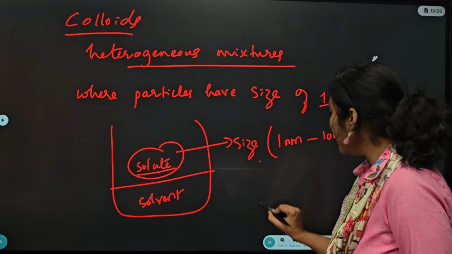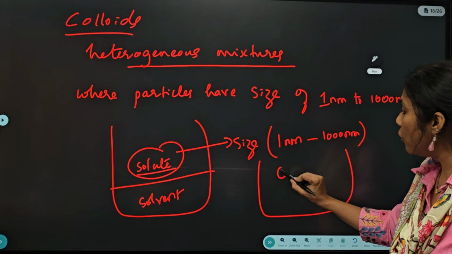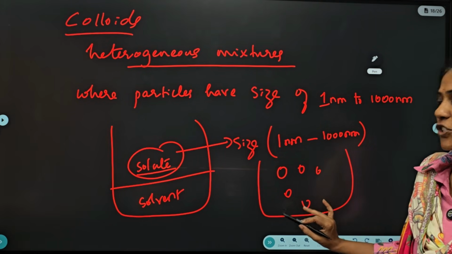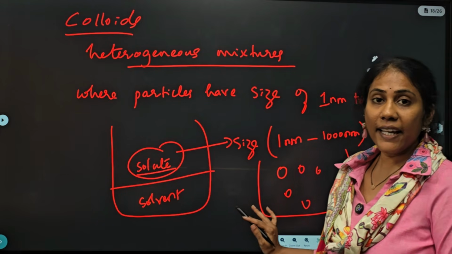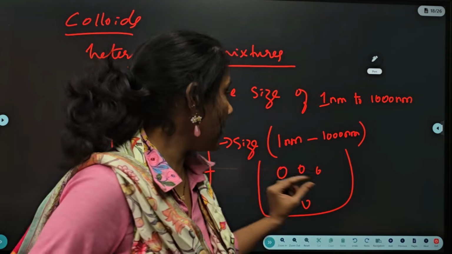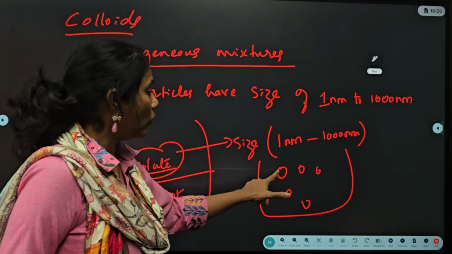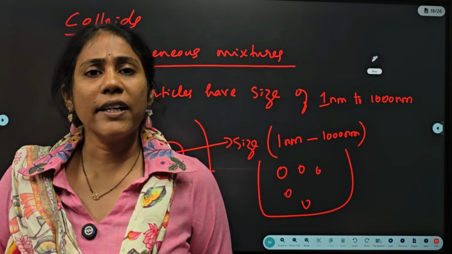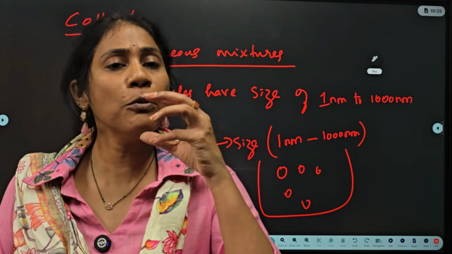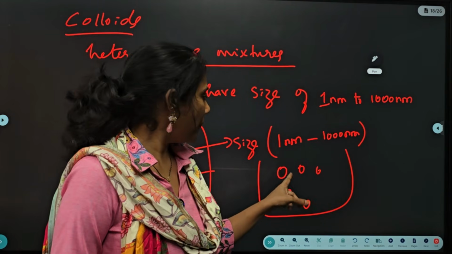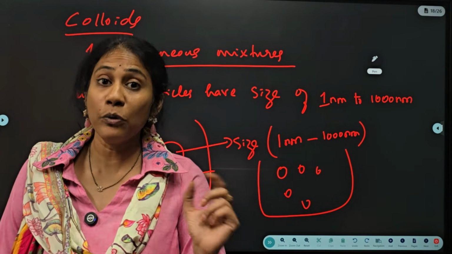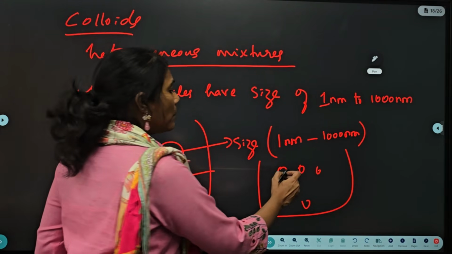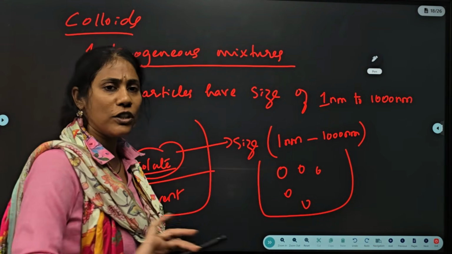Here the solute particles will keep on moving all over the solution, they will not settle at a place. There is a very special movement of these solute particles called Brownian movement. Randomly the solute particles will move everywhere throughout the solution.